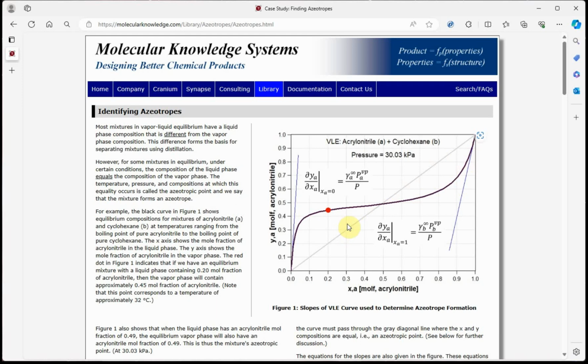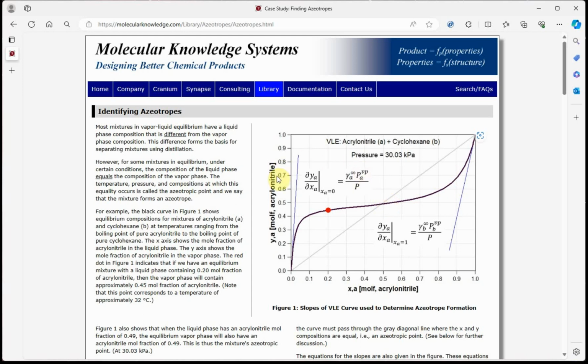Since the equilibrium curve is a continuous curve, if it has values at the starting limit on one side of the diagonal and values at the ending limit on the other side of the diagonal, then at some point it must cross the diagonal, meaning that at some point it will have an x value and y value that are equal, meaning that the mixture will form an azeotrope.